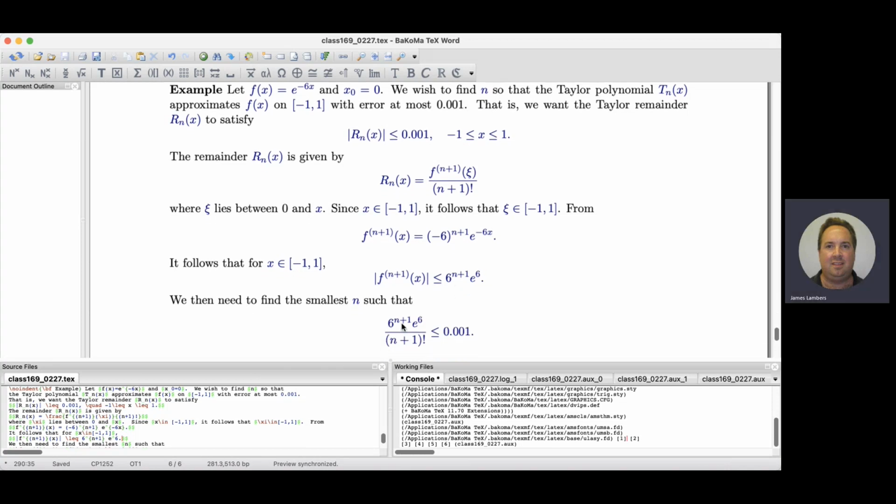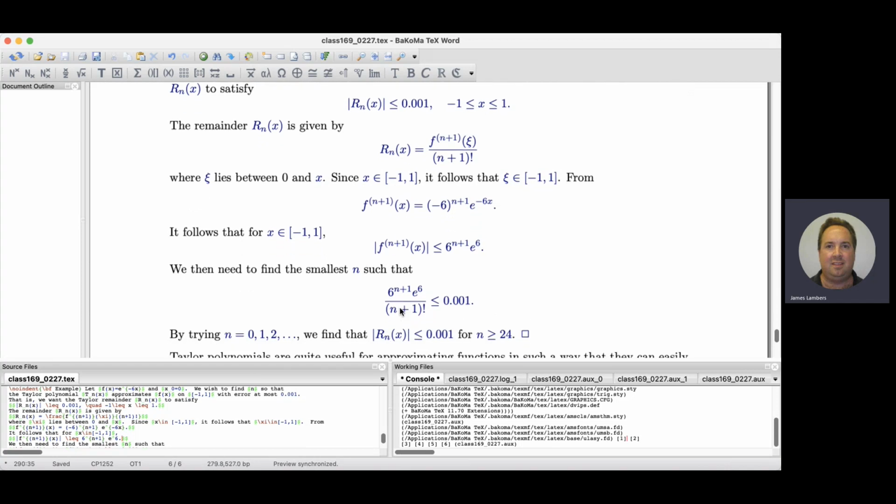So now I want 6 to the n plus 1, e to the 6 over n plus 1 factorial to be smaller than this. Now, it would be nice if I could solve this inequality for n, but given the functions involved, we have a factorial here and an exponential function here. That's not something you can really do.